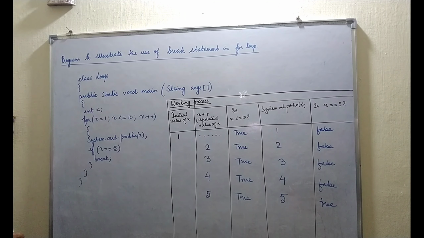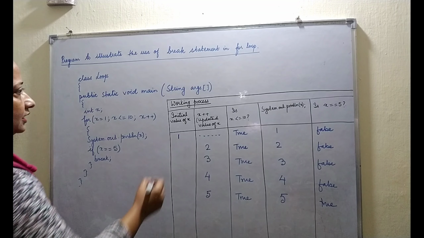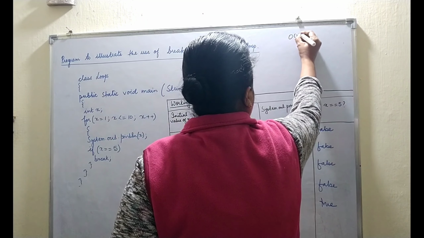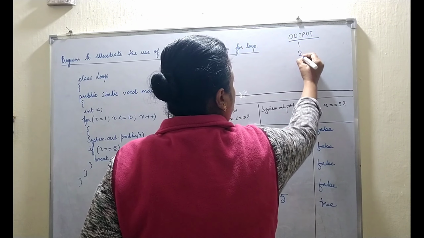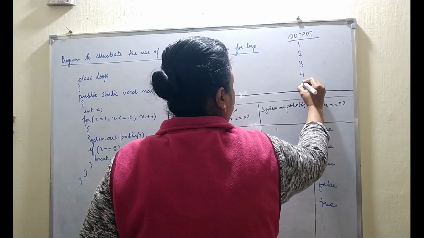Okay. So what happens in this case? What will be your output? The output in this case will be 1, 2, 3, 4, 5. Why?